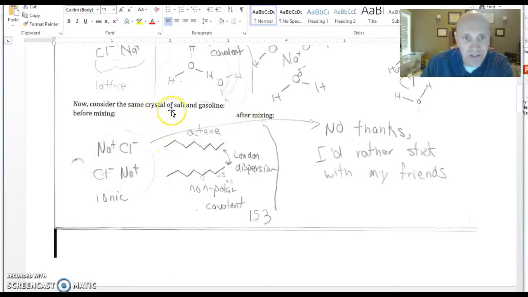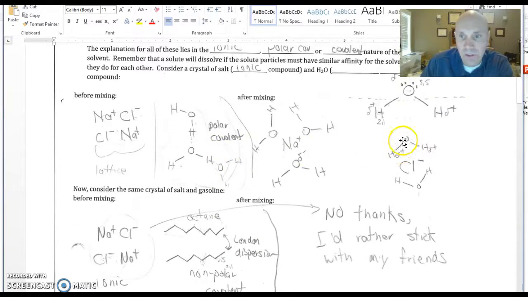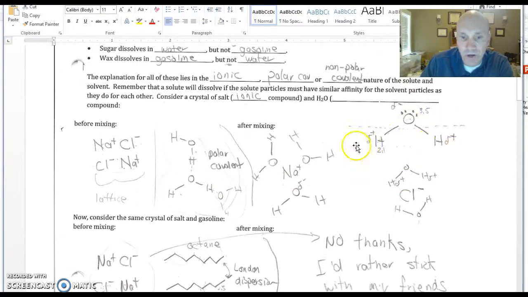In contrast, if you took that same grain of salt and put it in gasoline, the big difference is that gasoline is a nonpolar covalent compound. There aren't any delta positives or delta negatives that you could draw on the atoms of a gasoline molecule in the same way that you could on a water molecule.